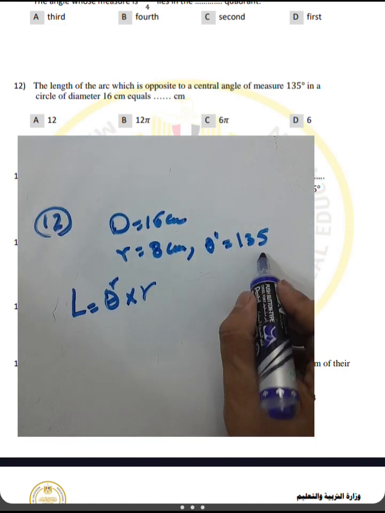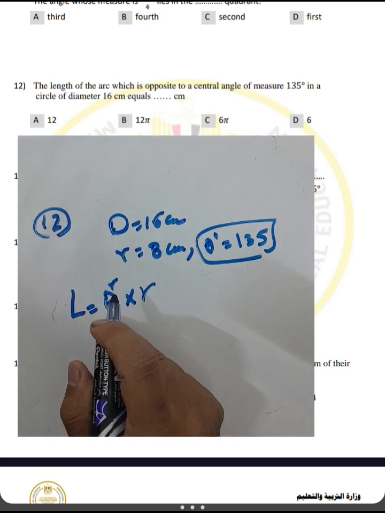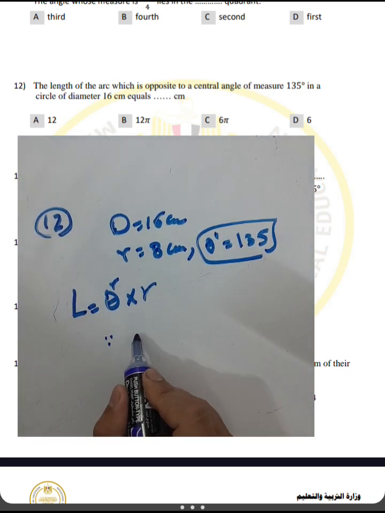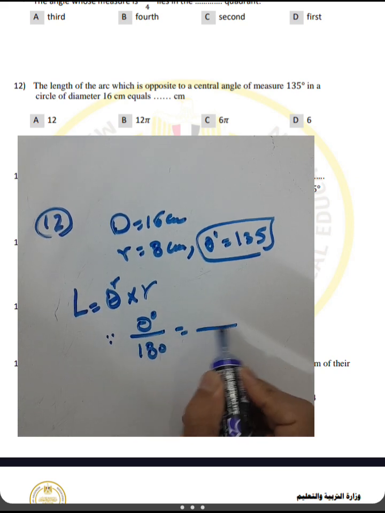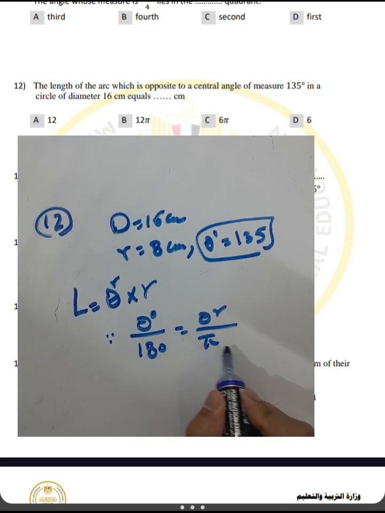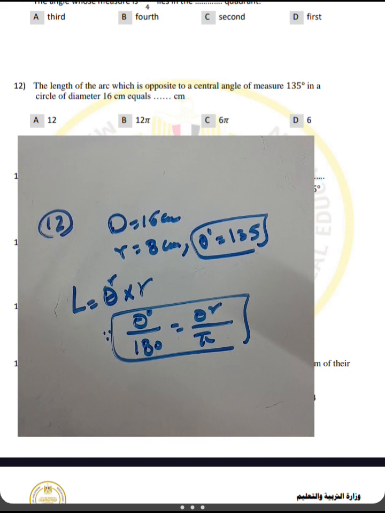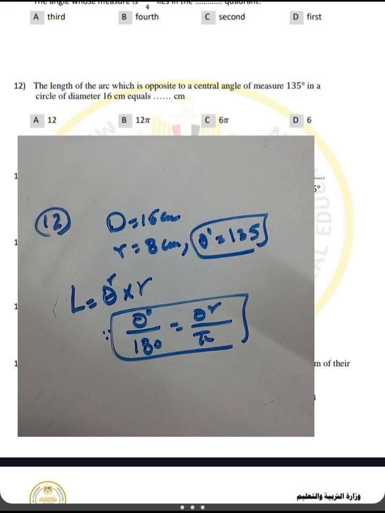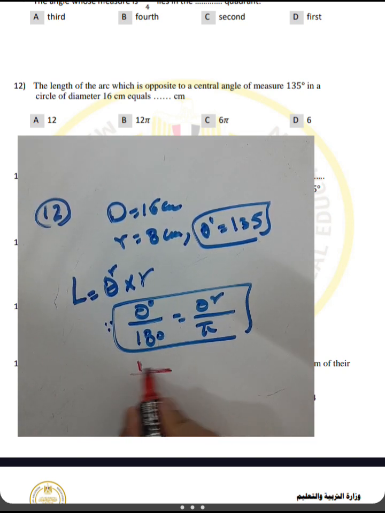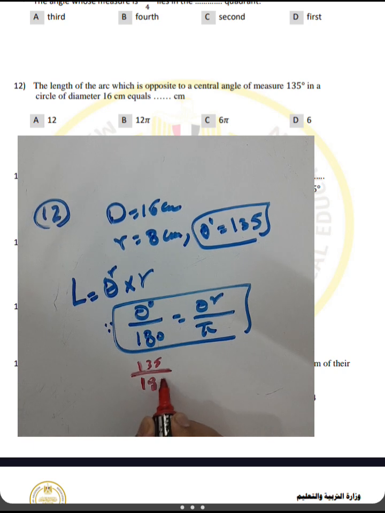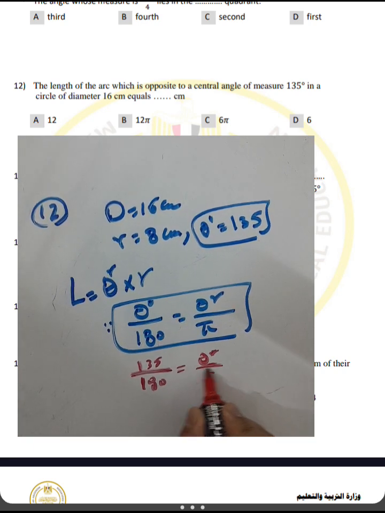Then you can convert theta from degrees to radians, such that theta in degrees over 180 equals theta in radians over pi. We know this rule. Put 135 over 180 equal to theta radian over pi.